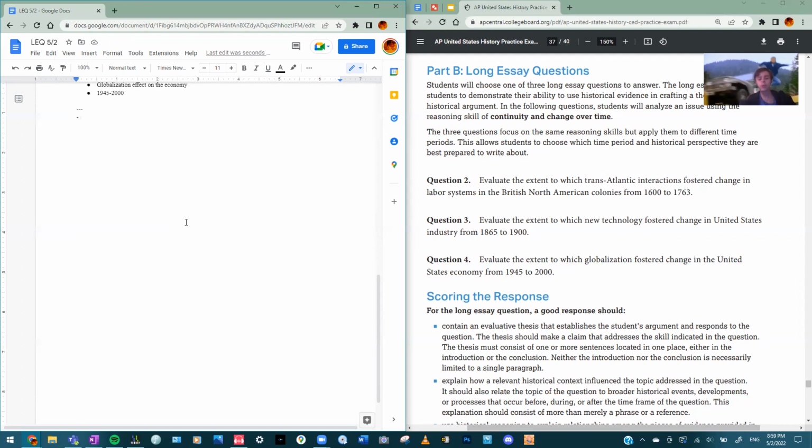Okay, so I'm going to say, well, first of all, let's think about what is globalization. Well, it was the concept that a whole bunch of technology led to globalization, so countries could be connected more. And another thing that contributed to globalization was involvement in, well, I don't know the right word for it, things such as the UN, United Nations, or North Atlantic Treaty Organization, sort of alliances or peace programs.